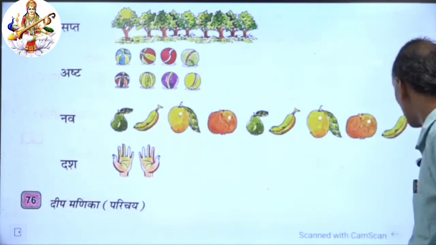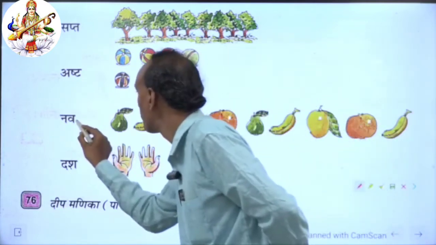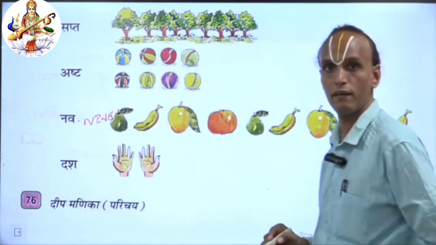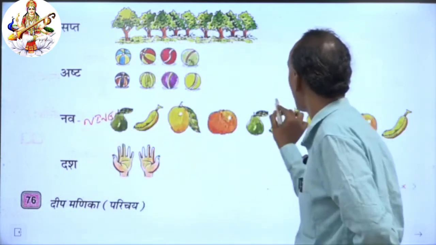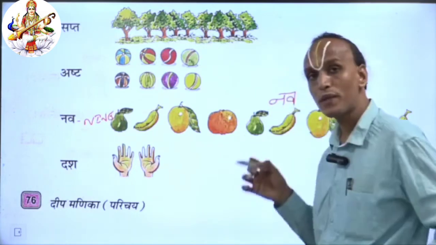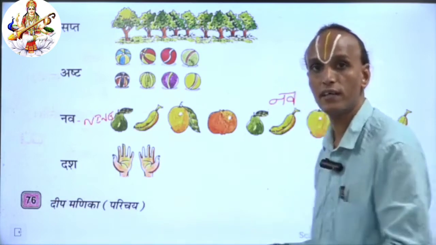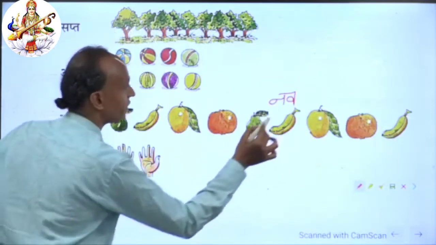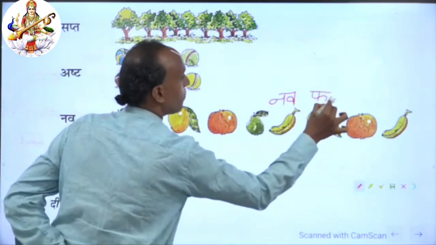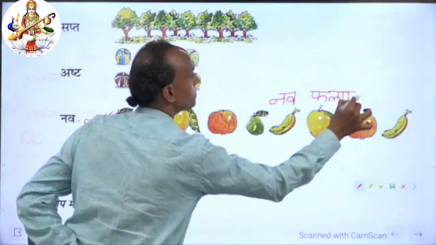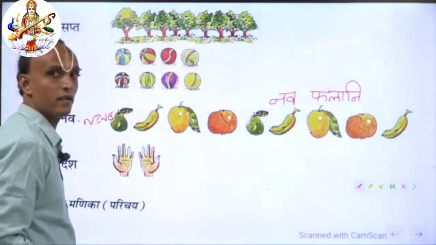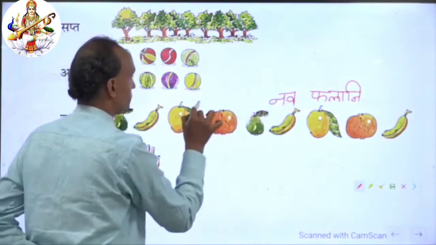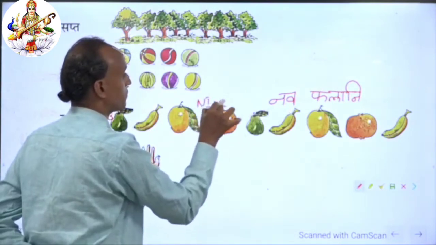So, Nava means 9 fruits. What do we say for the word fruits in Sanskrit? Phalani. Okay? Nava phalani means 9 fruits. Okay? See here.